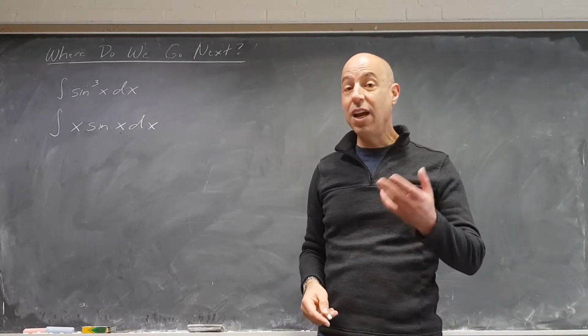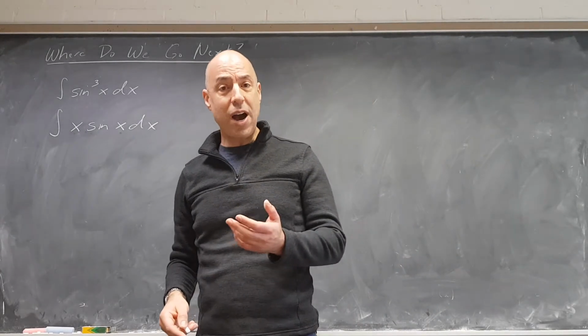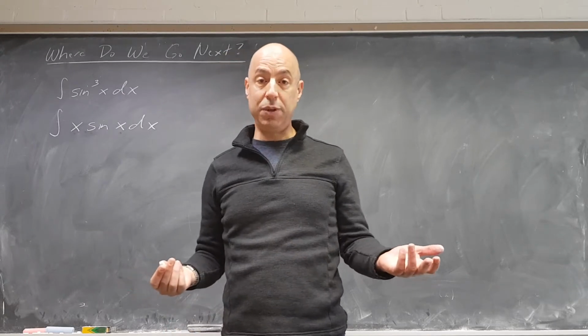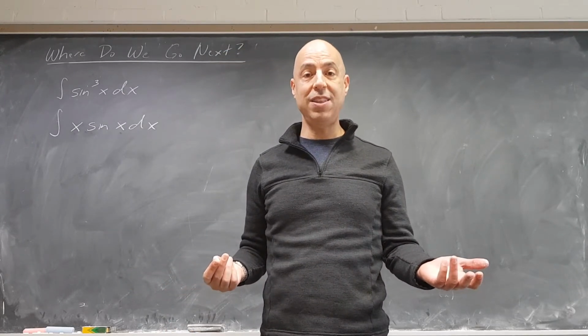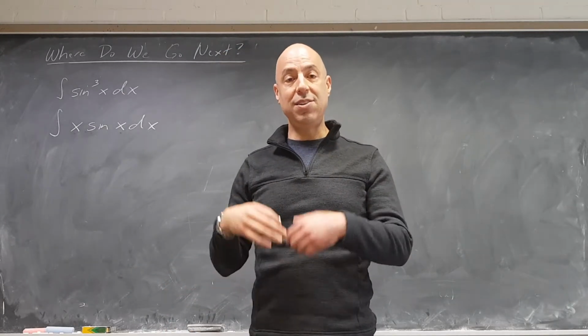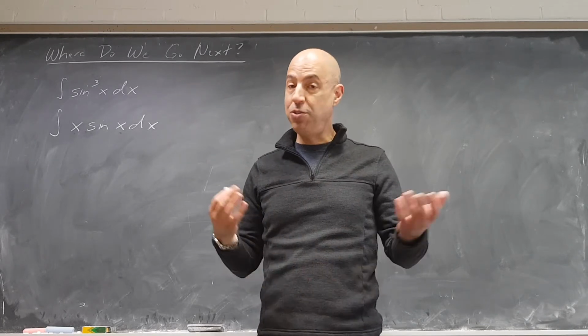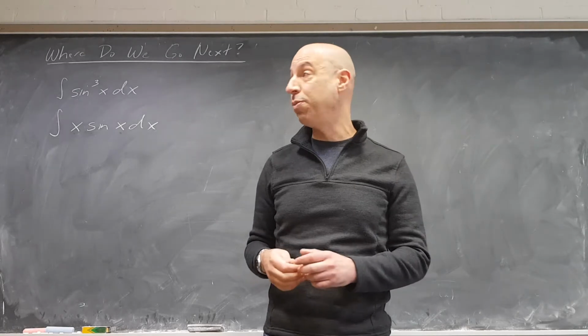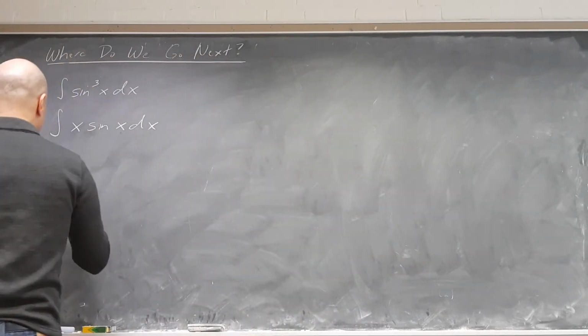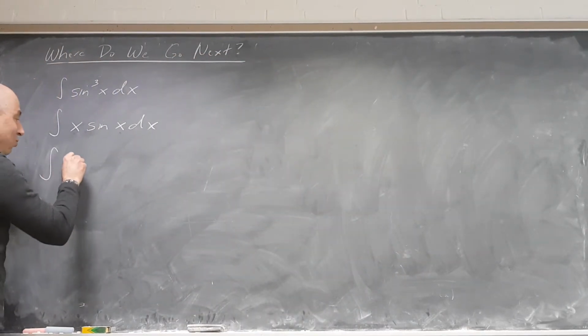Even more startling, right now, we already know how to find the antiderivative of any polynomial, because all you really need is the fact that antiderivative is a linear function, and you know the antiderivative power rule, so you could find the antiderivative of any polynomial. But we don't know how to find the antiderivative of any rational function.